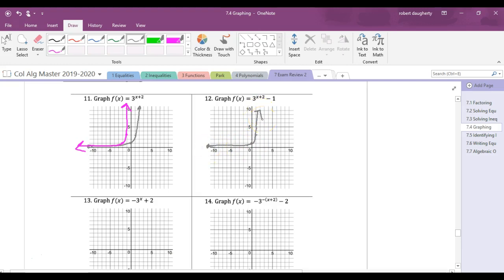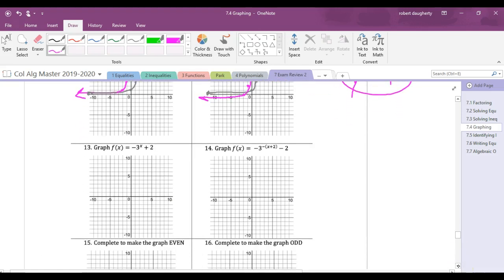If I were to go left 2 and down 1, so take this point, go left 2, down 1, take this point, go left 2, down 1, the next point, left 2, down 1, and you see something that looks like this. And this one has a horizontal asymptote at the line y equals negative 1. That's where you get your horizontal asymptote from, that number right there.